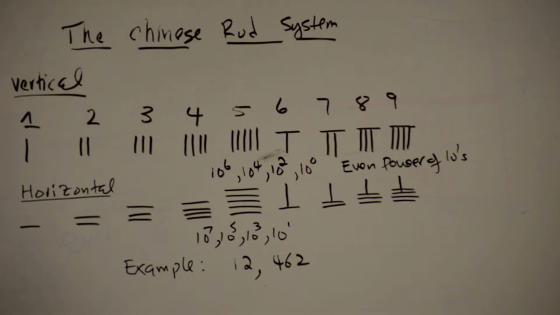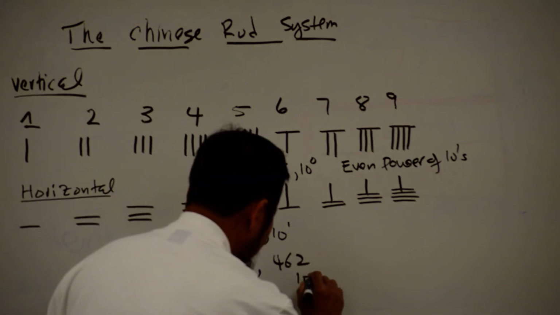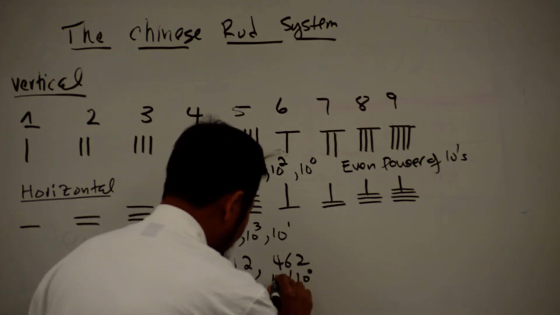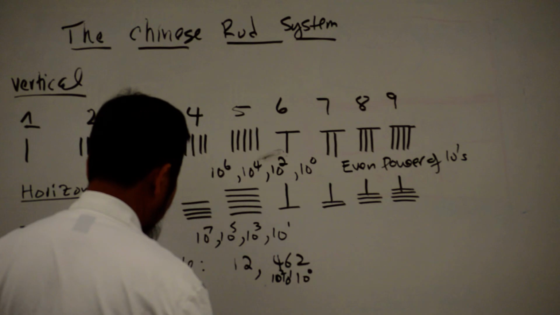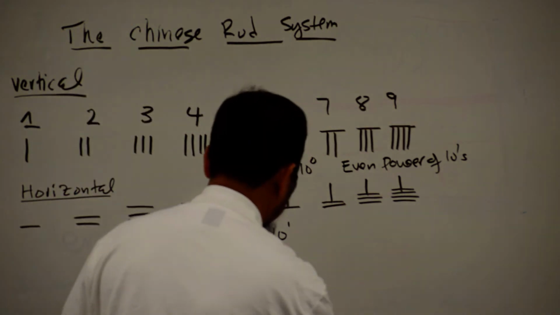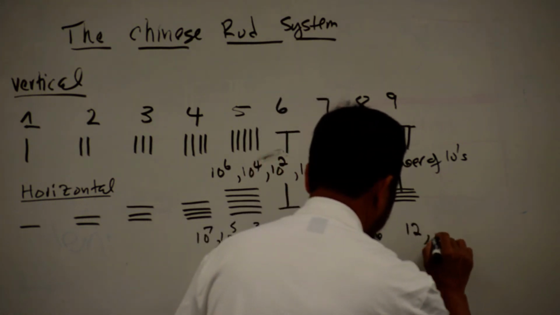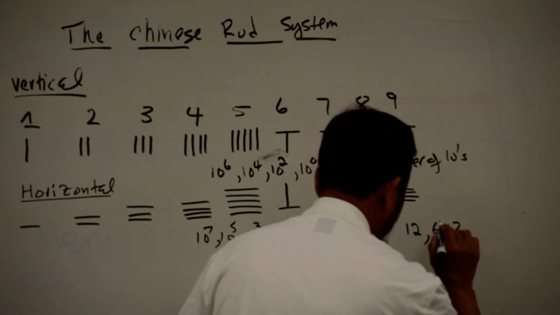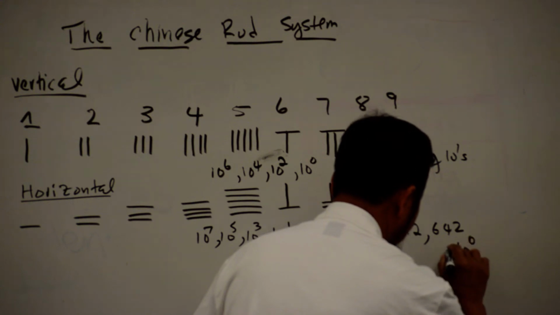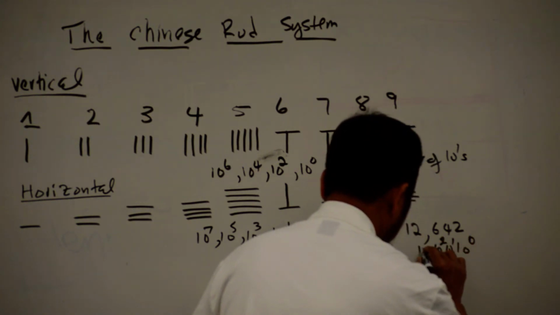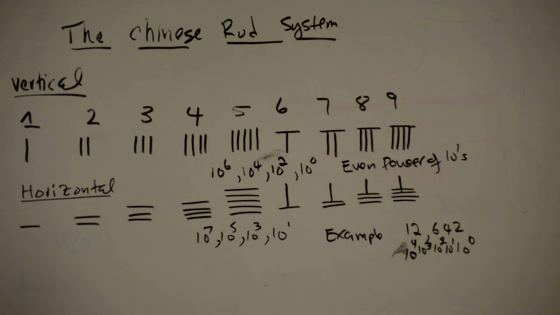We know that this is 10 to the 0, 10 to the first, 10 to the second, 10 to the third, and 10 to the fourth. Let's say the example is 12,742.